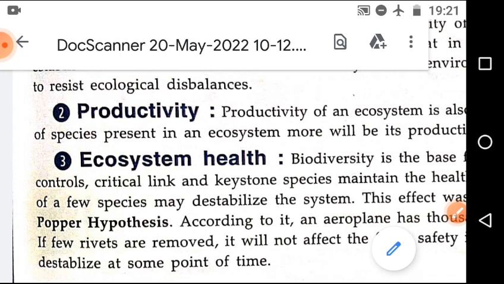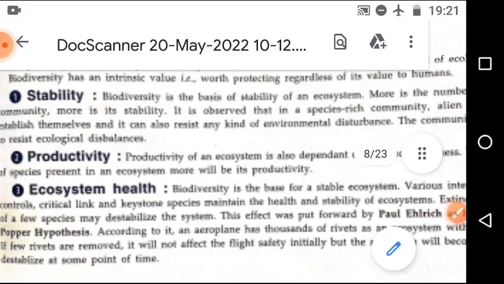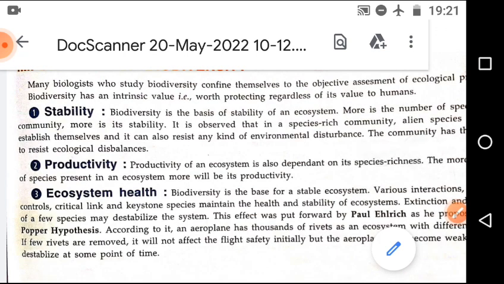Okay, it maintains their stability. So that's why more species richness means more productivity, and more productivity means automatically the ecosystem will become stable.